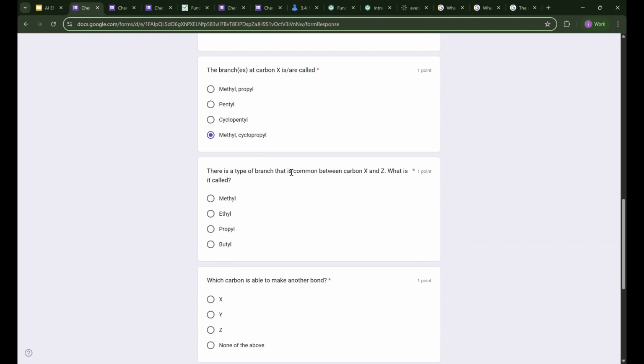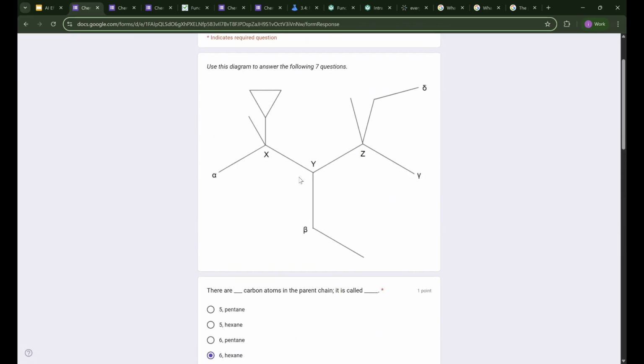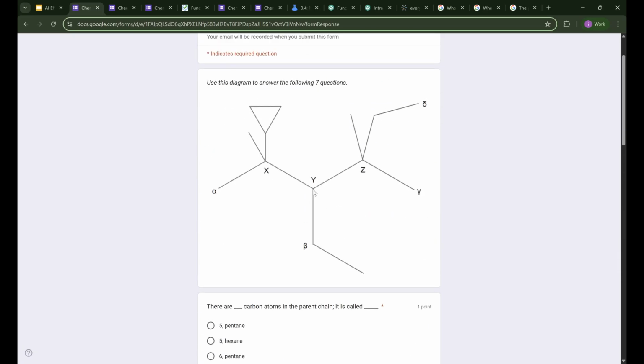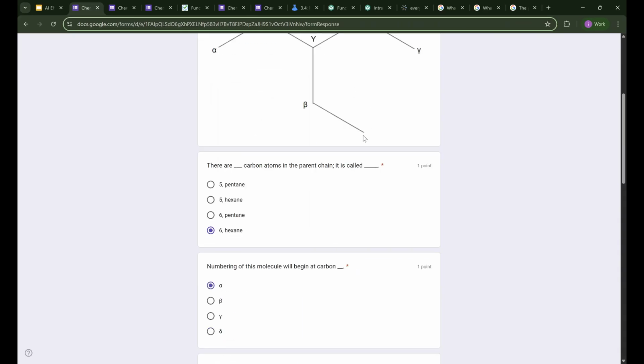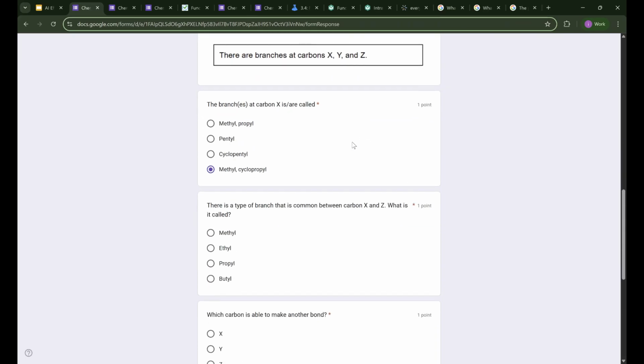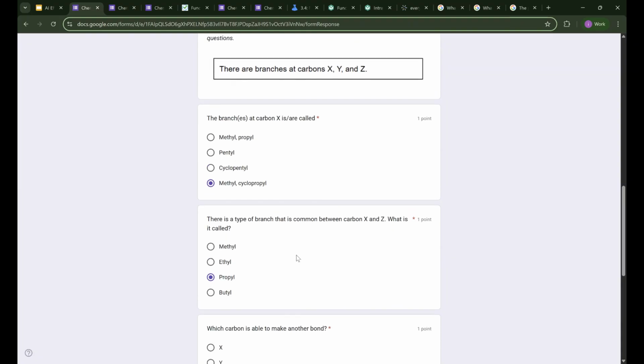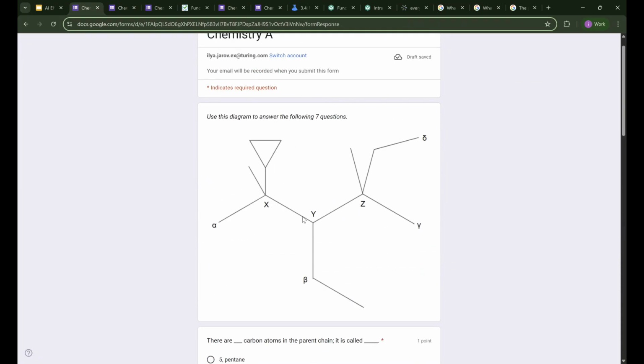There is a type of branch that is common between carbon X and Z. What is it called? I'm assuming it's Y. I'm just gonna guess propyl because of three. 1, 2, 3.